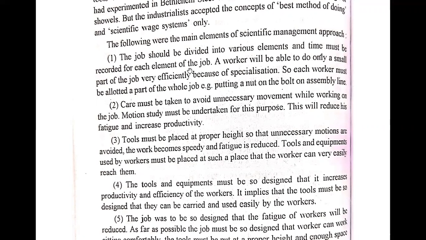So guys, in the first element, Taylor has suggested that an employee should not be given the whole task. An employee should be given a specific part of the task so that he can use his specialized knowledge on a single part, so he need not remember the whole process of making a product.